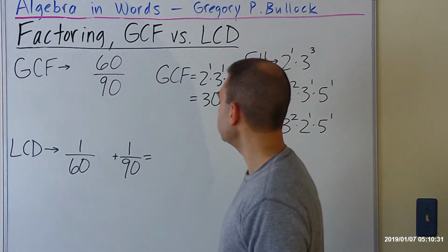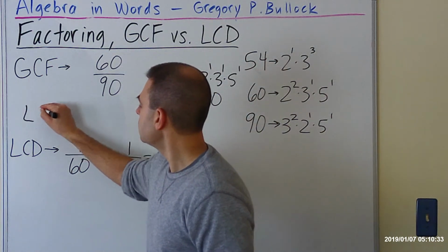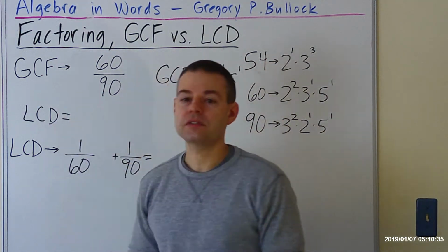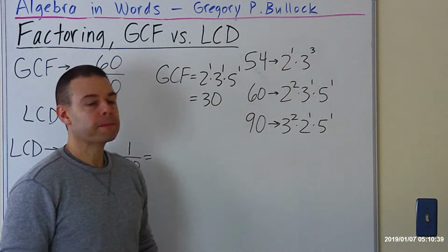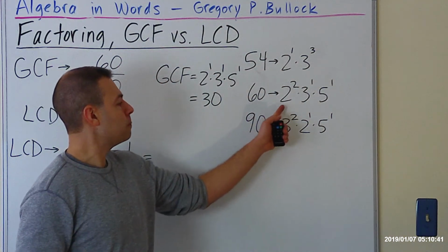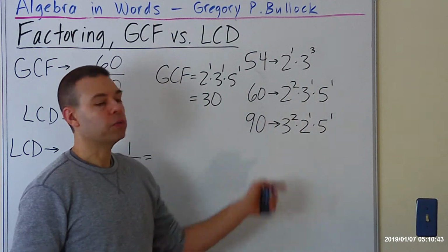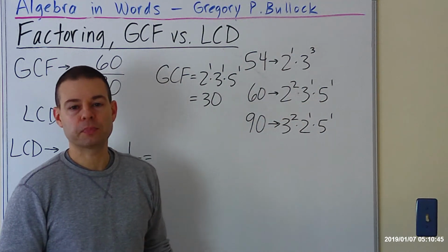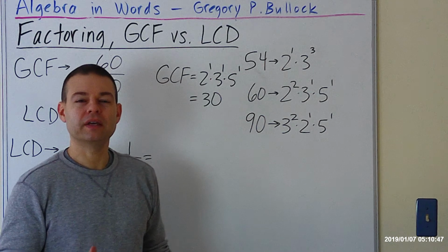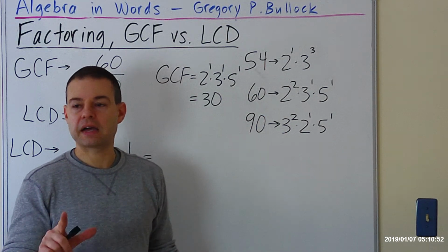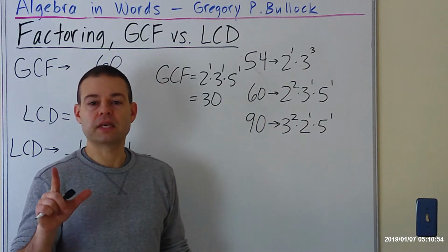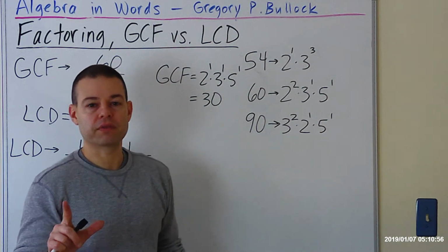Alright, so let me write LCD here. Now when we found greatest common factor, we looked for only the bases that were common, and we took the smaller of the exponents. But for LCD, it's kind of the opposite. We're going to take every possible factor that's there and take the highest of the exponents of everything.